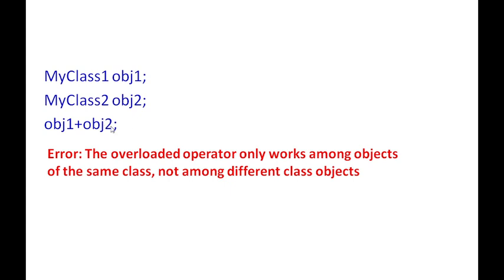What we have done is overload the operator for a particular class. That means you can use the objects of that class for overloading. obj1 and obj2 must be objects of the same class. Operator overloading does not work between two objects of different classes. For that we have to do something else. We will discuss that particular implementation later. As of now, it doesn't work.